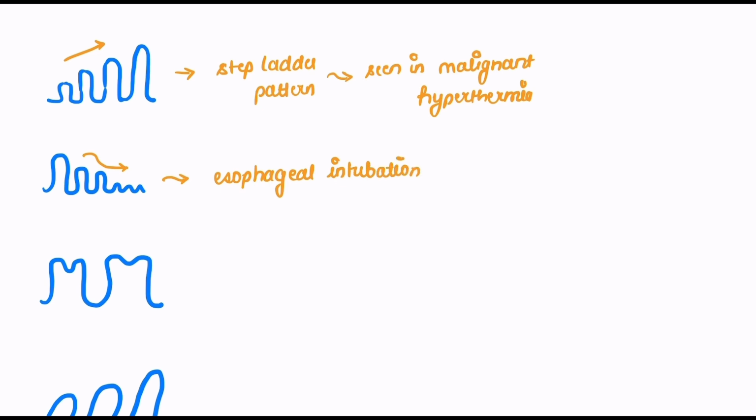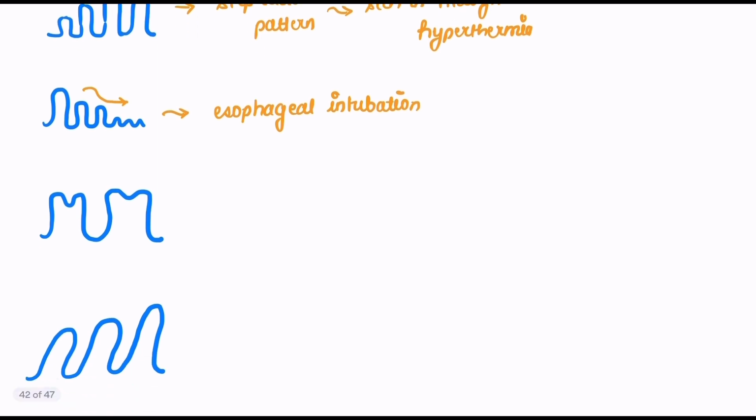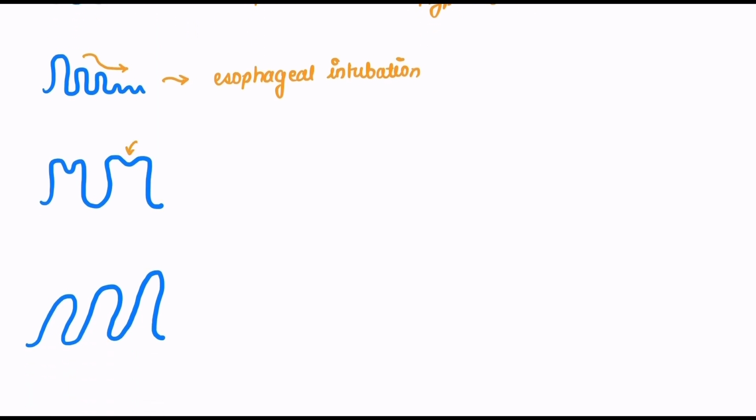Here the endotracheal tube by mistake is inserted into the esophagus. This here is known as curare notch. This occurs when the patient tries to rebreathe. For the treatment of this curare notch, we have to give top-up of muscle relaxants.